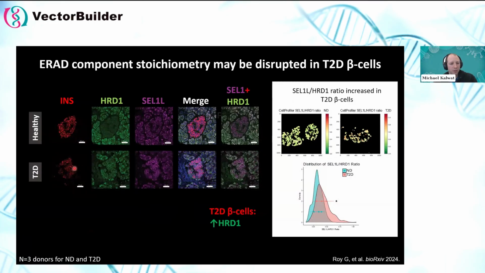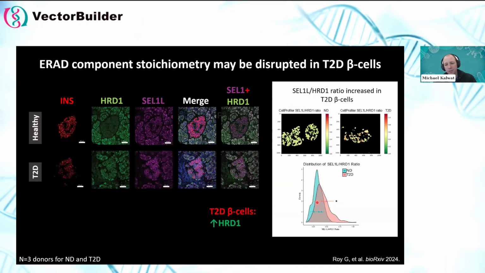So Gita went into the lab and started staining all of our human pancreas sections from healthy and type 2 diabetic donors. She stained a lot of different slides and took a lot of different images to measure HRD1 and SEL1L at the same time in these islets. We used a program called CellProfiler, which is an open source image analysis program, to measure the ratio between SEL1L and HRD1 only in the beta cells of these samples.